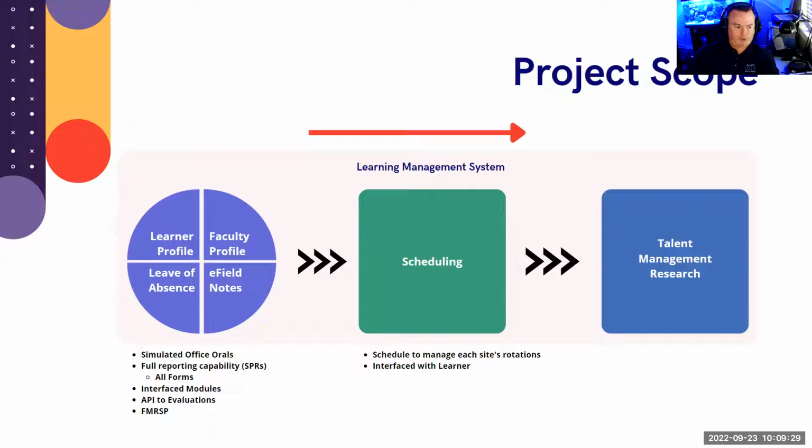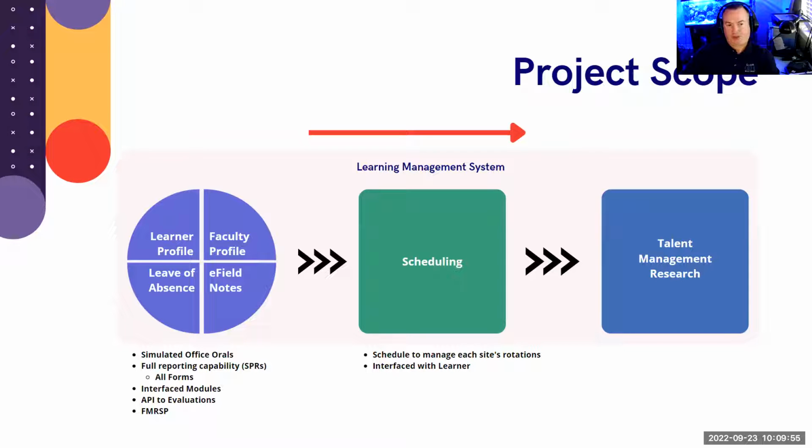And then, of course, the leave of absence and field notes are going to be developed in there as well. Some of the additions we look to do are to improve the SUS reporting with a full reporting capability within those modules, and ideally interface with Elantra 145. So when you develop your SUS, it just pulls information in from both e-field notes and Elantra or 145 for evaluations.